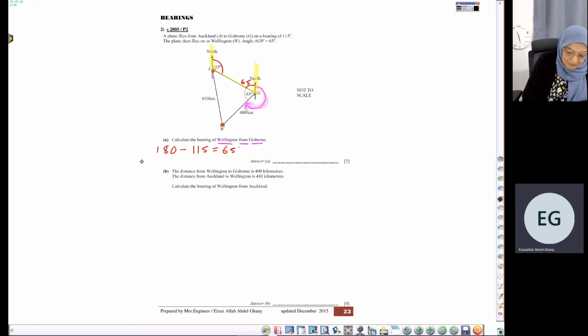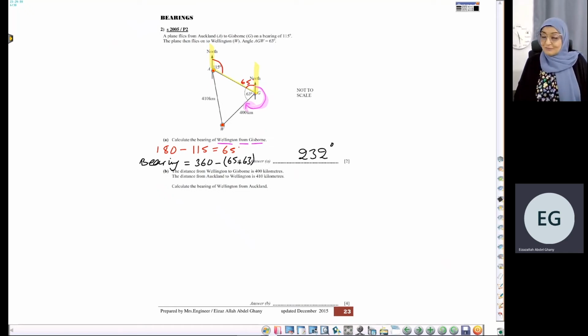So the bearing equals 360 minus, open brackets, 65 plus 63, close brackets. It will be 232 degrees. It's a three-figure value and it is measured from north, clockwise direction.